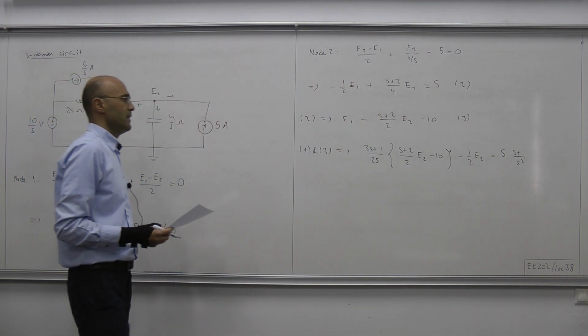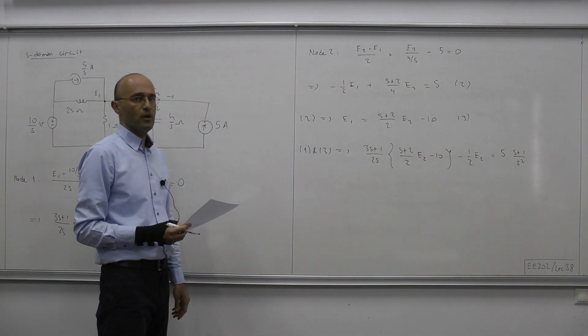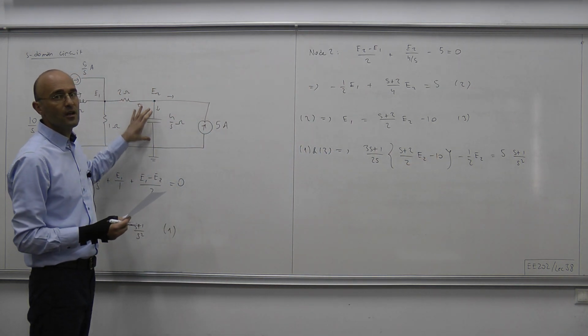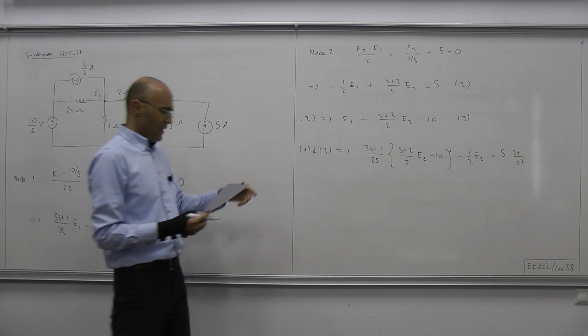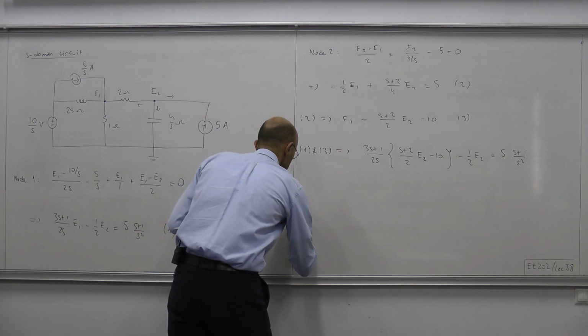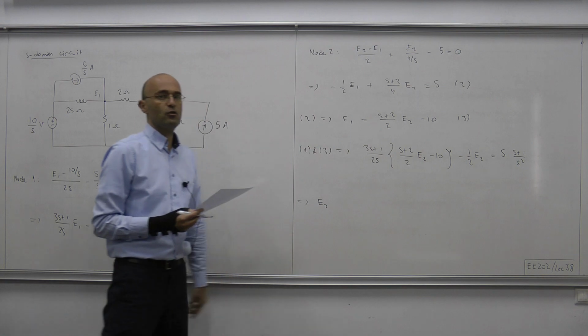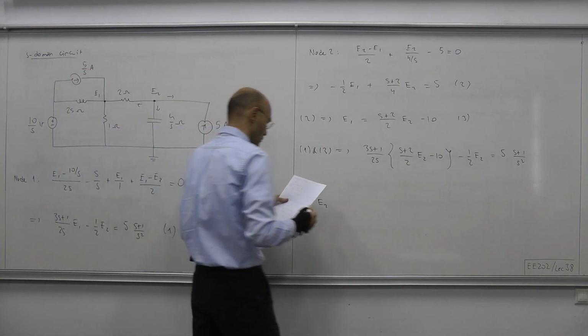Okay, and then this equation is now only in terms of E2, and that's what we're after, because E2 is the capacitor voltage. Now from that equation, after some middle steps, we can obtain E2 of S in the following form.